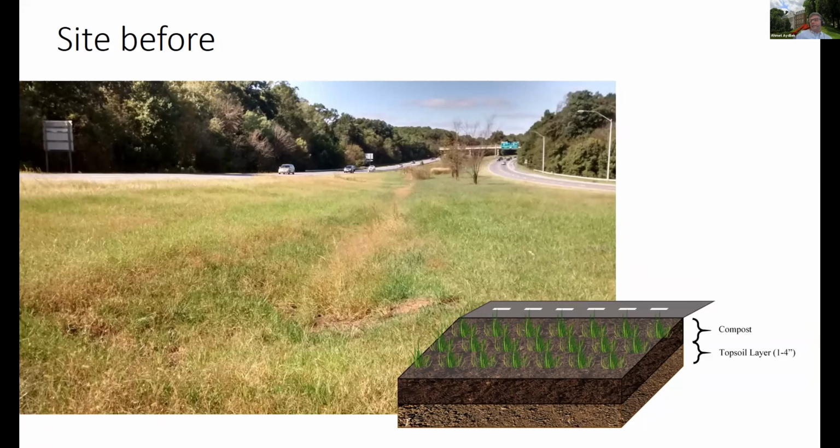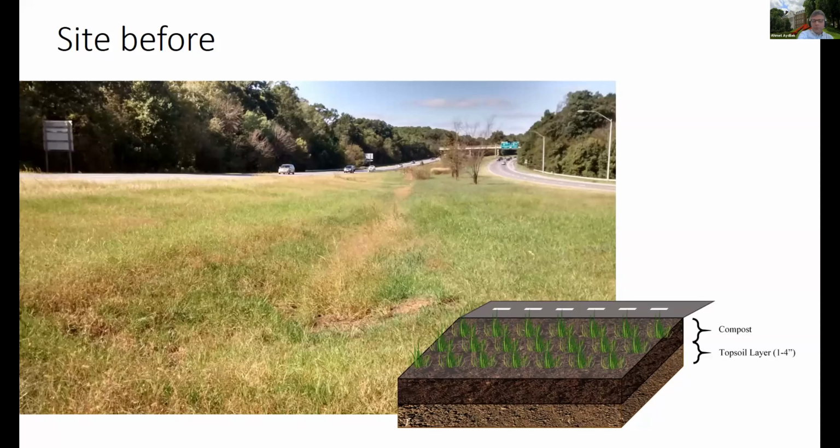You can see at the bottom right, what we are imagining is there is already an existing topsoil layer, what's also called a vegetative or vegetated filter strip. And on top of that, we are placing our compost or compost amended layer, which is basically called a vegetative compost blanket. So the top layer is the blanket.